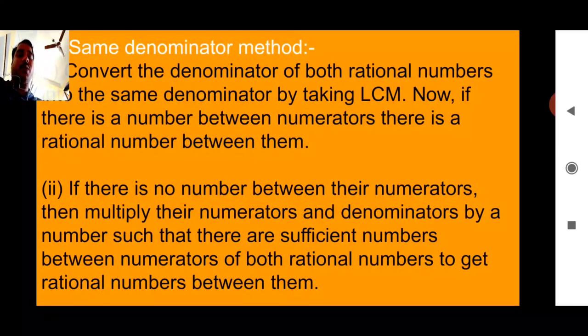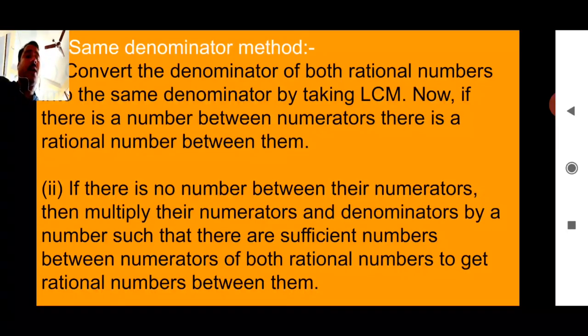This method is frequently used. In this method we convert the denominators of both rational numbers into the same denominator by taking the LCM. If the rational numbers have the same denominator, then we can easily find the rational number between them.